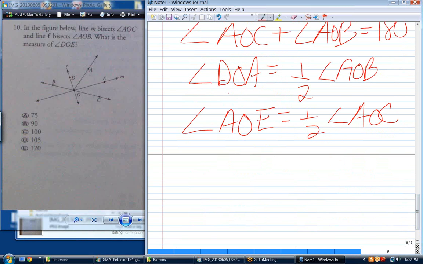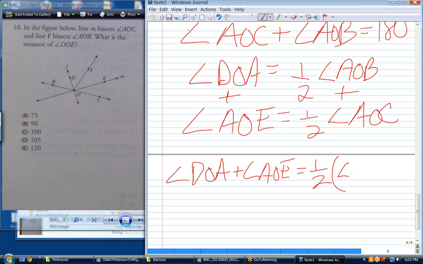So now put these two together. I can add these two equations. So now their question is, what is angle DOA plus angle AOE? Well, it's 1/2. I can factor that half out, and I get angle AOB plus angle AOC.